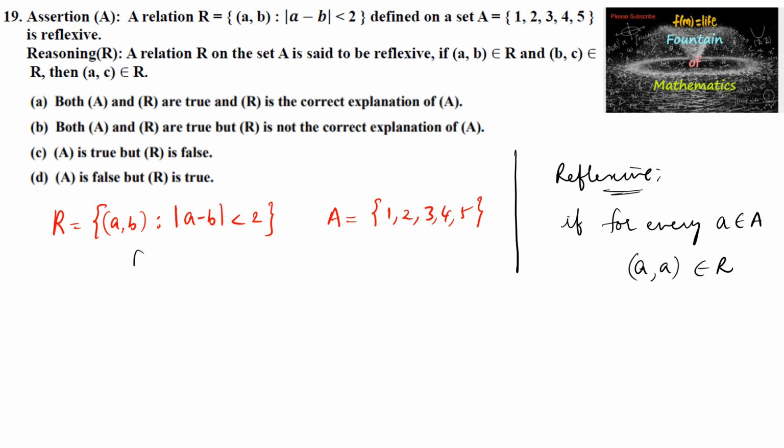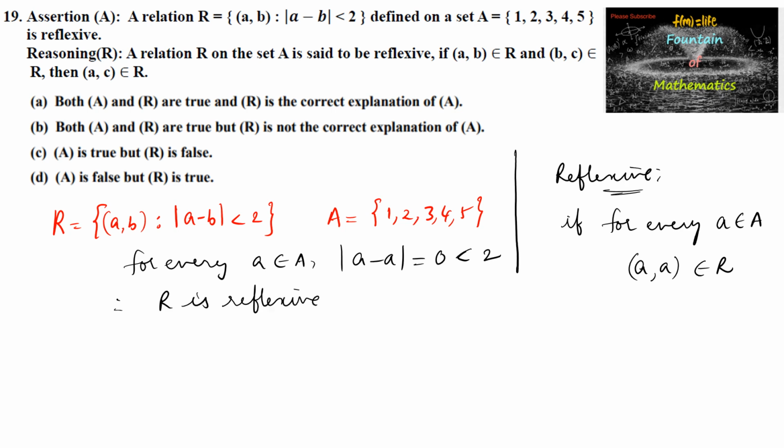So here for every A belonging to the set A, mod of A minus A, which is equal to 0, is always smaller than 2. So we can consider that the relation R is reflexive, and the assertion is true.